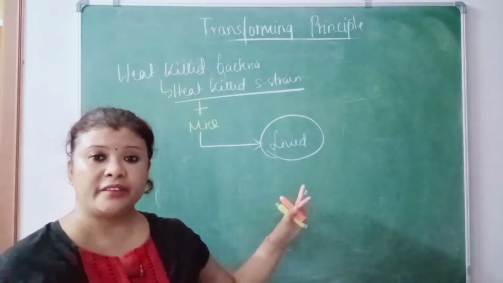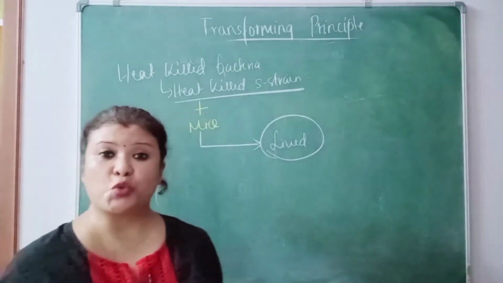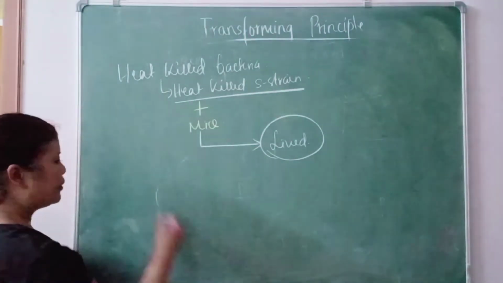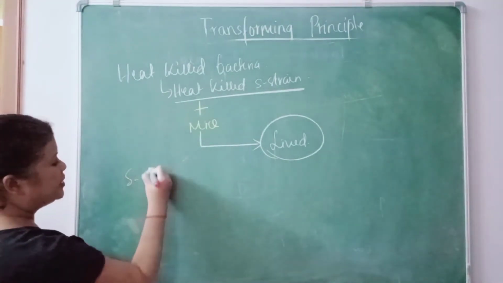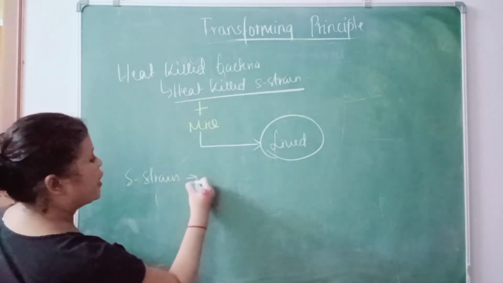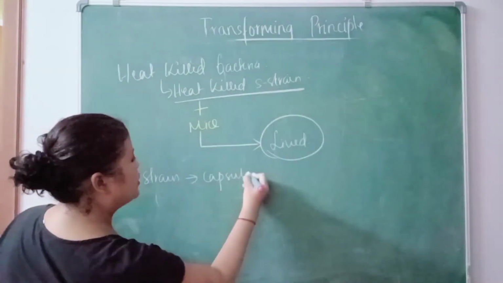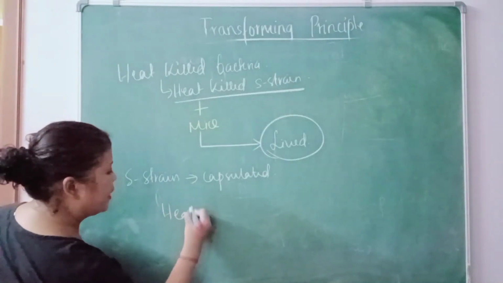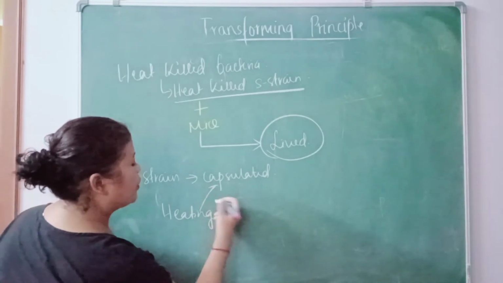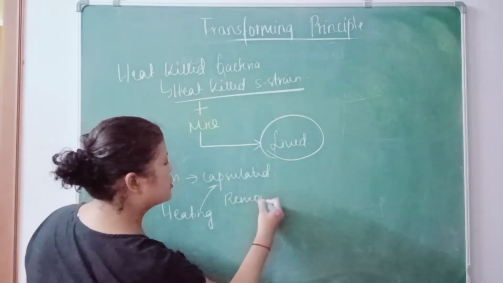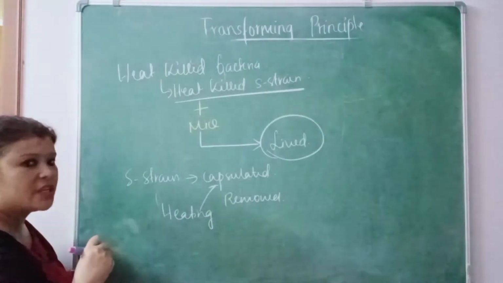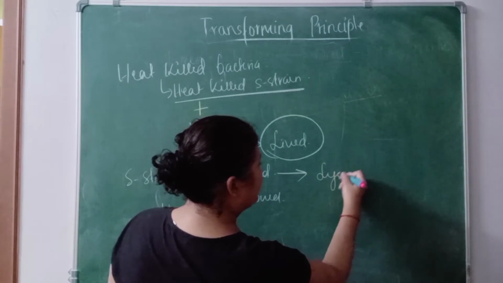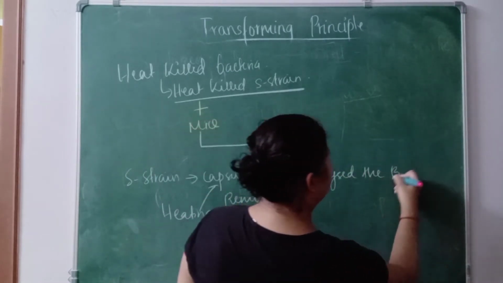Now, this conclusion was a big surprise to him. Let us see the concept behind this step. We know that the S strain is the capsulated form. Heating removed the capsule, and as a result, it lysed the bacteria.